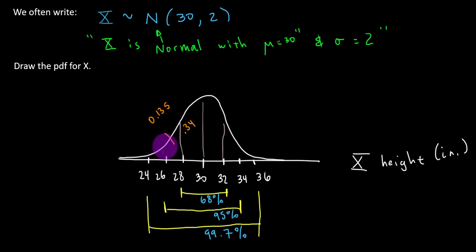The next wedge, even less of a percentage of observations. I believe that's 0.0235. And the very, very end here, maybe I'll use a different color so I don't get mixed up. It's a very small proportion of observations, 0.15%. And because of symmetry, that would also apply on the right side of the distribution.